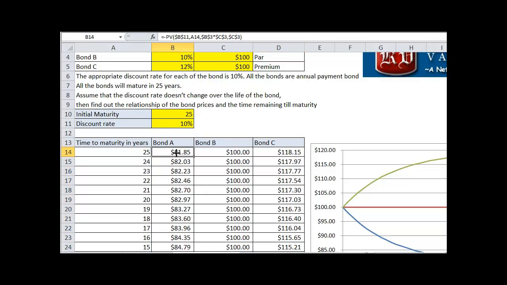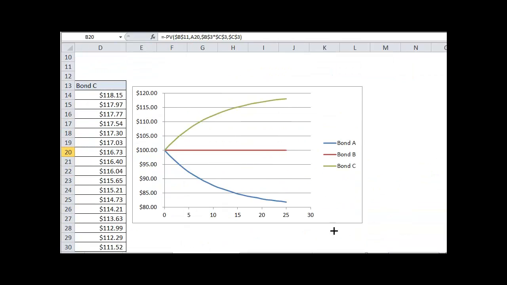No, it gradually decreases in price, and similarly the discount bond will gradually increase in price. If you draw the graph of this, on the x-axis you have the time to maturity. When the time to maturity is 0, all the bonds would be trading at par.